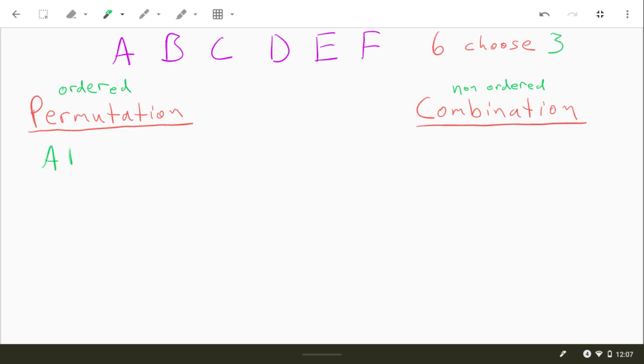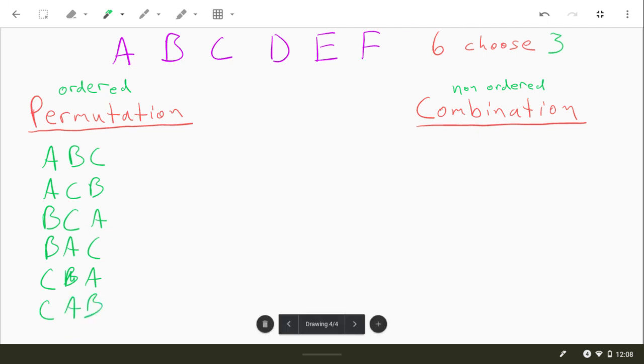So if I was thinking of ABC, all right, that would be different than ACB. That would be different than BCA. That'd be different than BAC, or different than CBA, and that would be different than CAB. Now, for these 3 letters, A, B, and C, that's actually all the ways that I can mix and match them, all right?